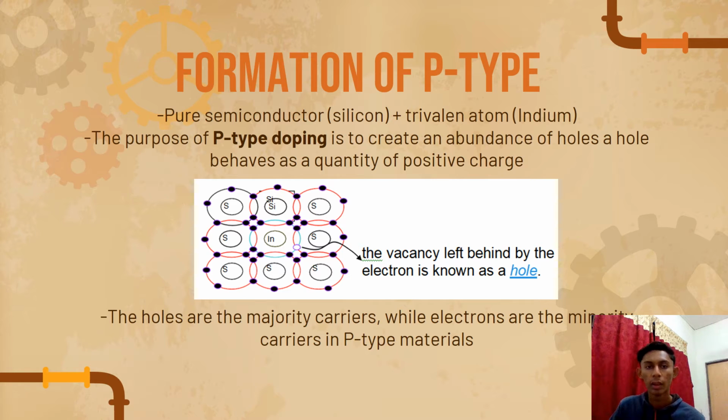A hole behaves as a quantity of positive charge. The holes are the majority carriers with electrons as the minority carriers in P-type material.